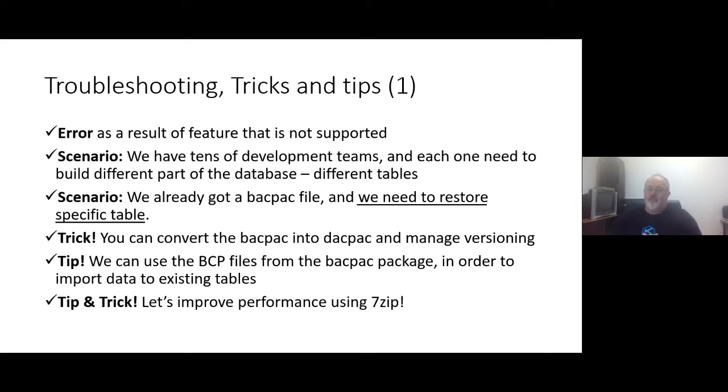Using 7-zip, we can compress the file to a smaller size than the default compression in the original file. We can gain about 10 to 20% smaller file. Now, a 20% smaller file means that we gain a lot if we need to pass the file between different environments using the network.